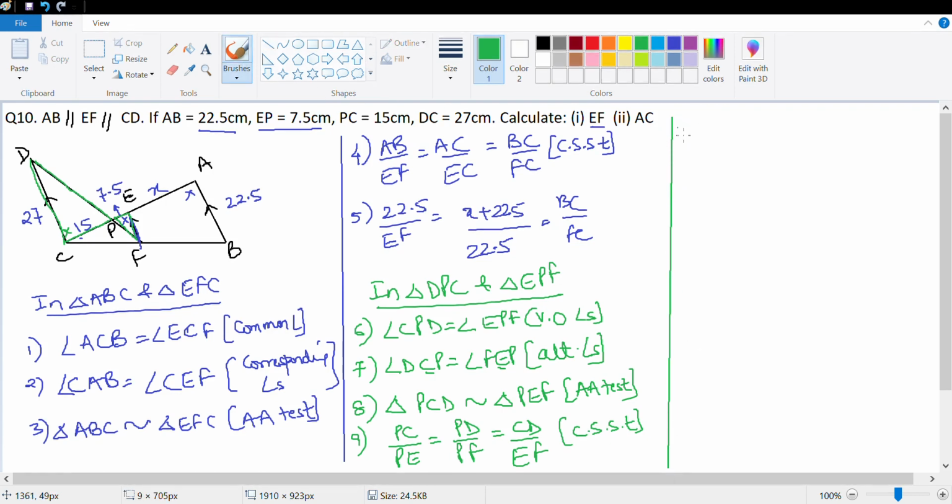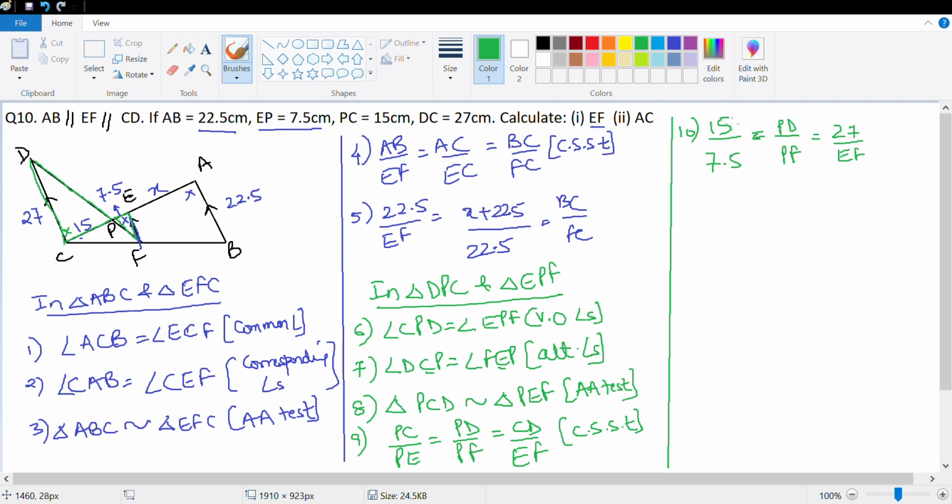I should. Now PC is 15, PE is 7.5. So I have a ratio for sure. And then PD not given, and PF not given, we don't even need to calculate. CD, which is 27, upon EF, which we need to calculate.